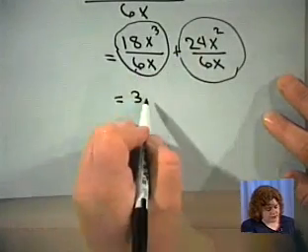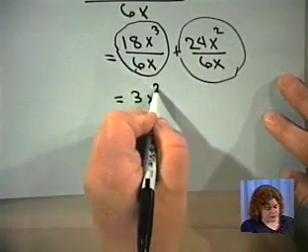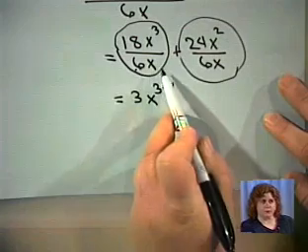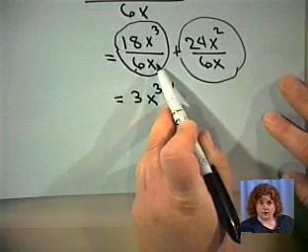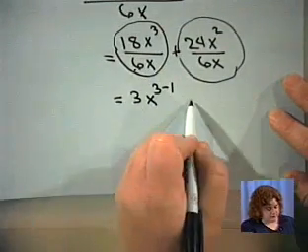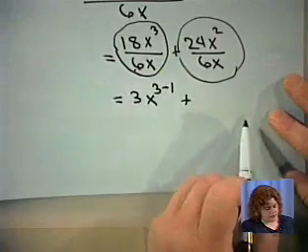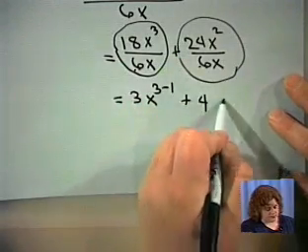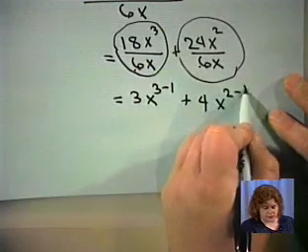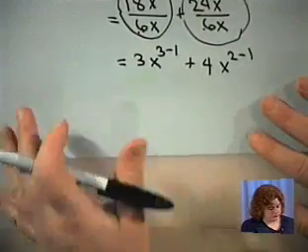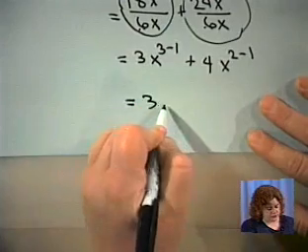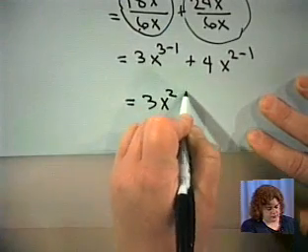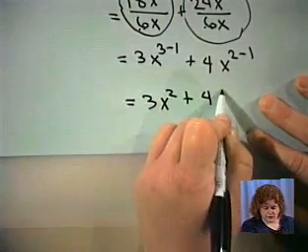And then we'll have x raised to the power 3 minus 1, because remember the x in the denominator has a power of 1. And adding to that, 24 divided by 6, which must be 4. And we'll have x to the power 2 minus 1. Well, that leaves us with 3x squared plus 4x.